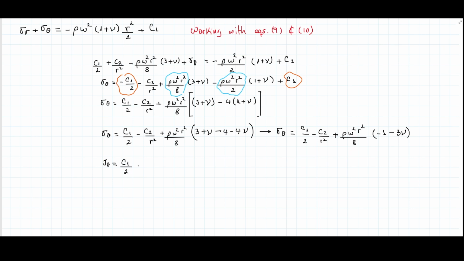And that would be partially it, because we don't know yet how much those integration constants C1 and C2 are. So this minus this, and then I'm just going to take this minus out of these parentheses here, and then it's going to be minus r squared divided by 8, and this is going to be 1 plus 3 times the Poisson ratio.